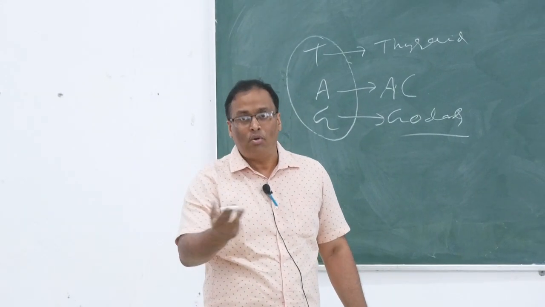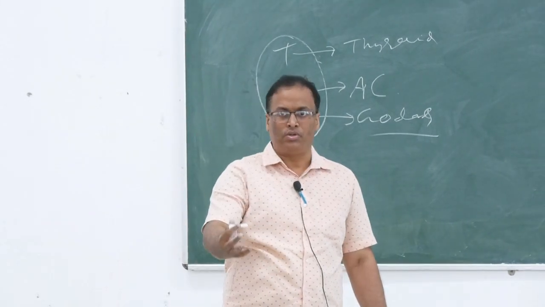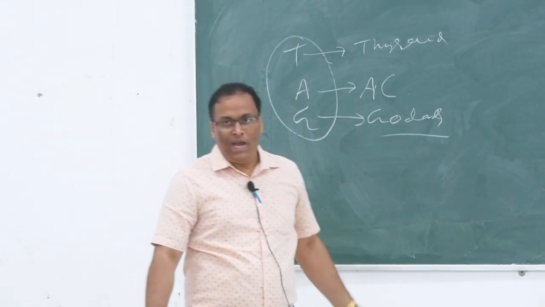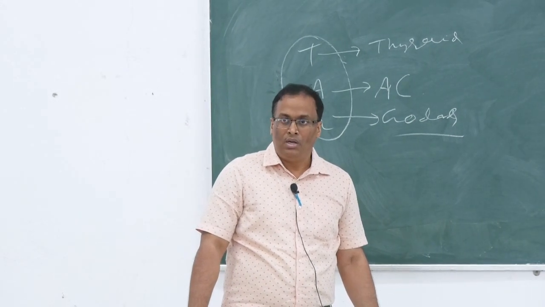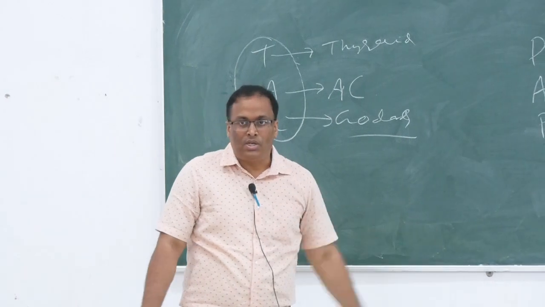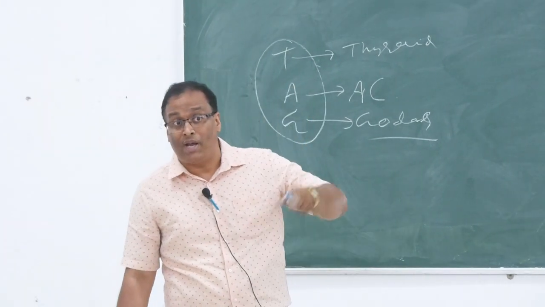There is no endocrine gland like that. Endocrine gland means you have to go to the blood. Gastrin also. So in the GI tract also, some glands release hormones: gastrin, secretin, cholecystokinin, these are from the small intestine and stomach.